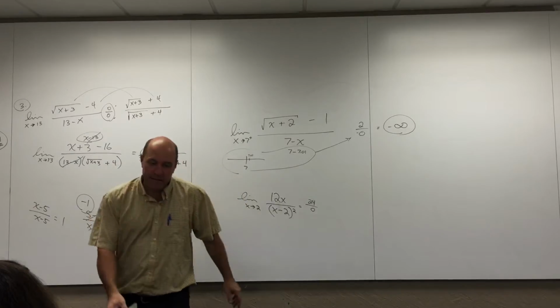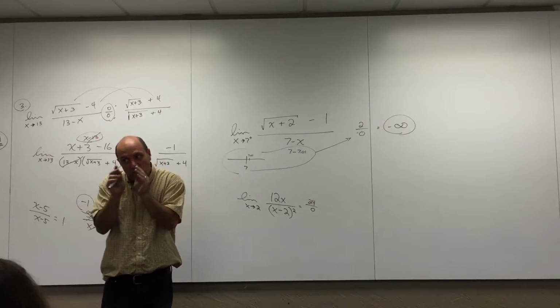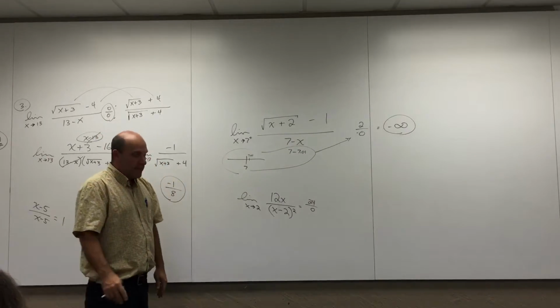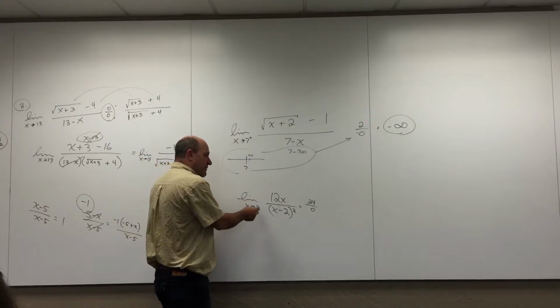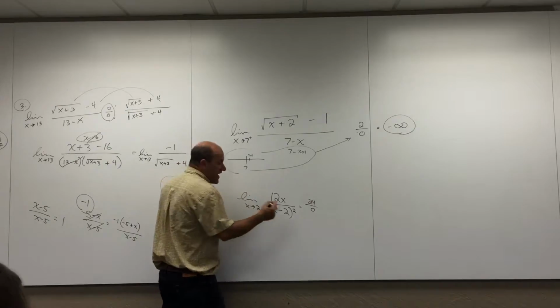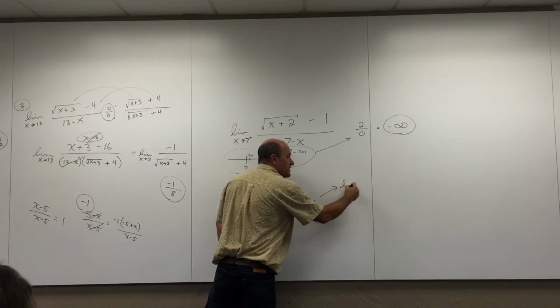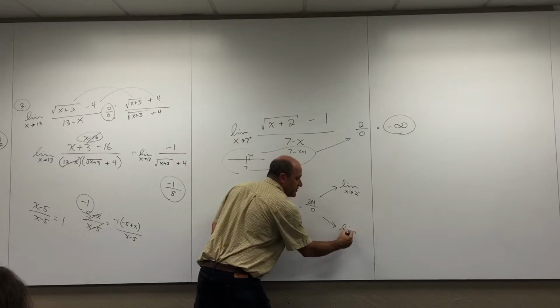So it's infinity, but maybe it's positive, maybe it's negative. Now I've got to get real close to 2 and figure this out. In fact, what I usually do in a problem like this is, because it's not the left or the right, I investigate both options. I need to investigate the limit as you approach 2 from the left and the limit as you approach 2 from the right.